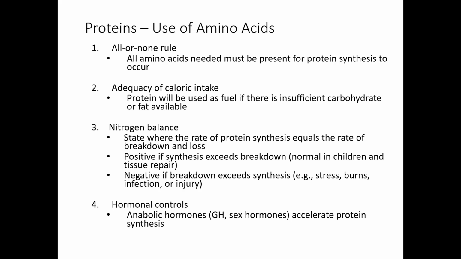So nitrogen balance refers to that point where the rate of protein synthesis is equally balanced by the breakdown of protein. So it's a zero sum. We're not making more protein than we need. We're not tearing down more protein than we should. Now, we can be in a positive balance if we're making more protein than our breakdown is.